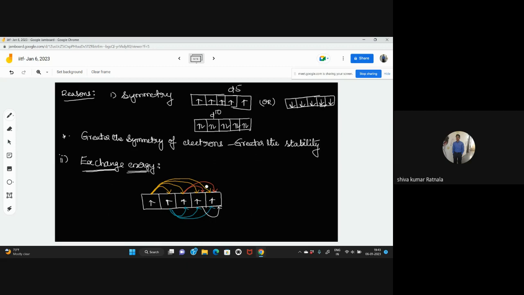So according to this, generally greater the exchange energy, greater is the stability.